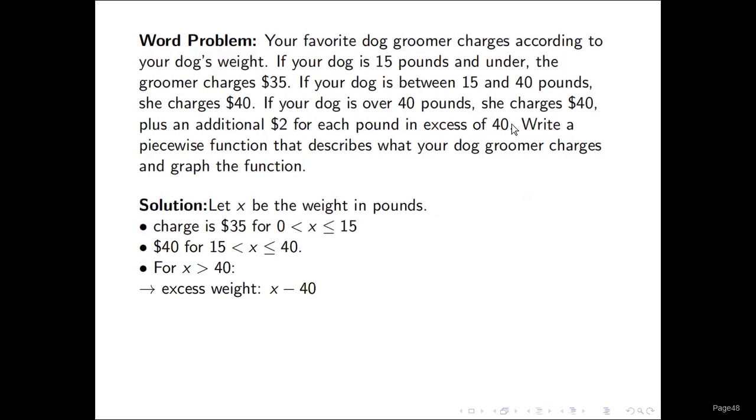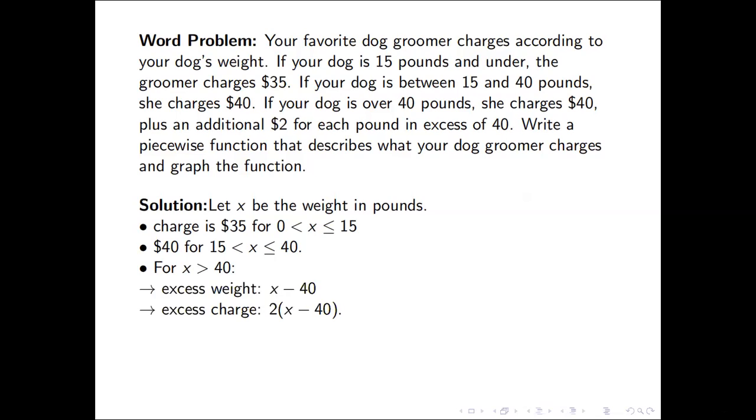So first, let's determine the excess weight. If X is the weight, then the excess weight is X minus 40, if X is over 40, by the way. So this is the excess from 40. And then $2 for each pound of excess weight, so we will have 2 times quantity X minus 40. How do we get the total charge?